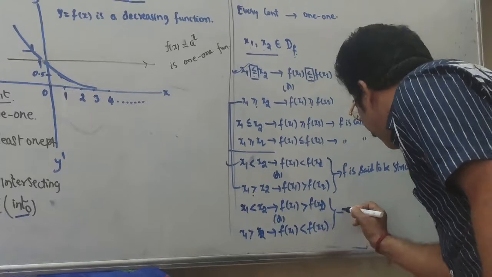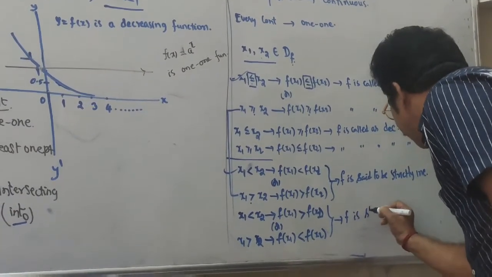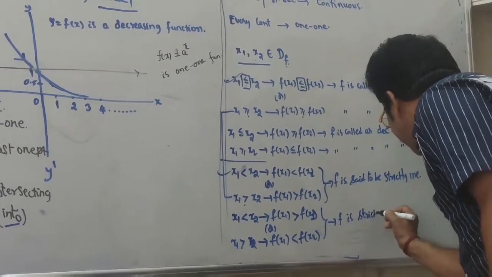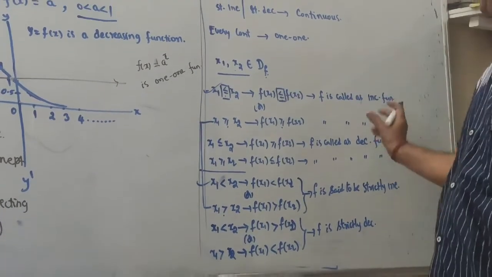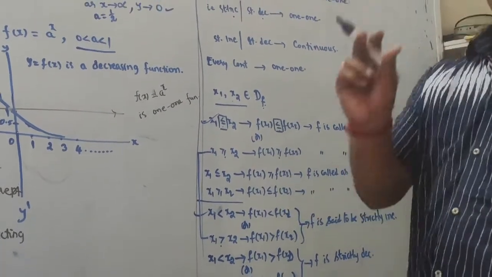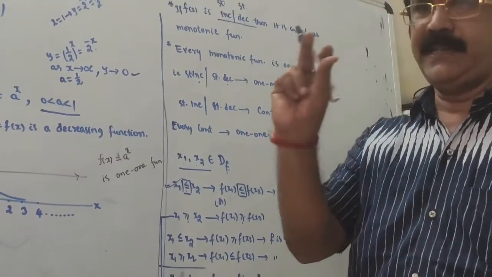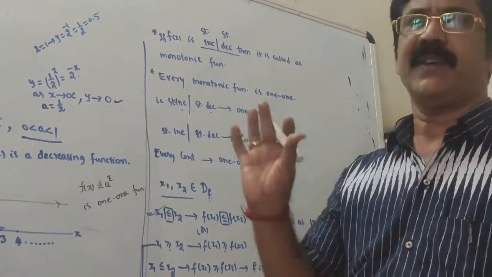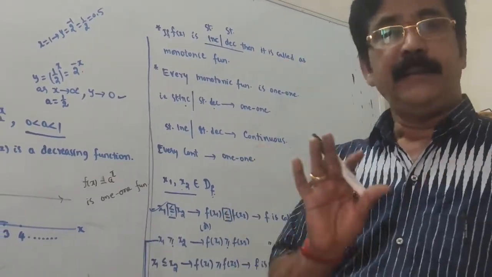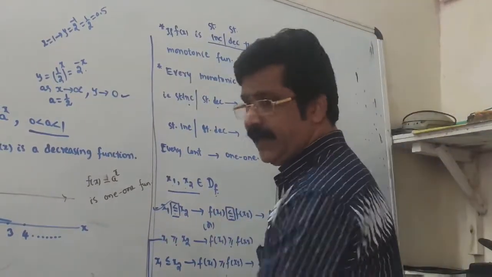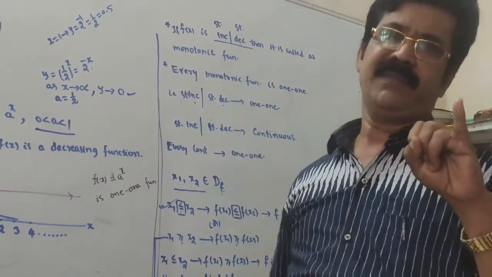In such a case, f is said to be strictly decreasing. This is the definition of an increasing function, strictly increasing function, decreasing function, and strictly decreasing function with respect to algebra. So finally, if f is an increasing function, then bluntly say it is a one-one function.